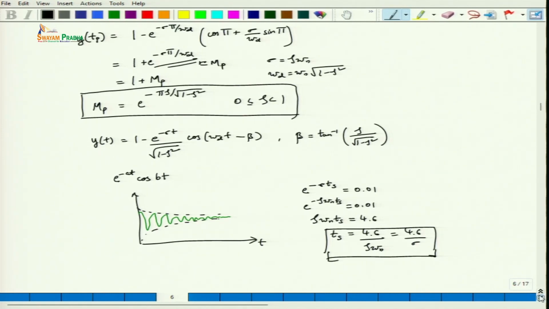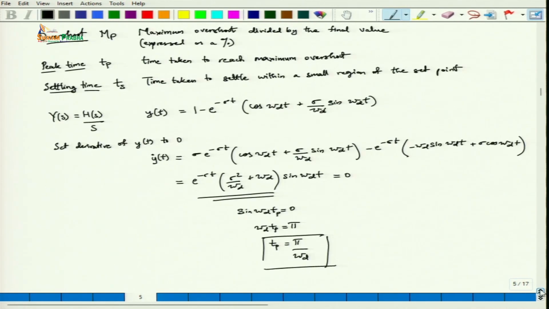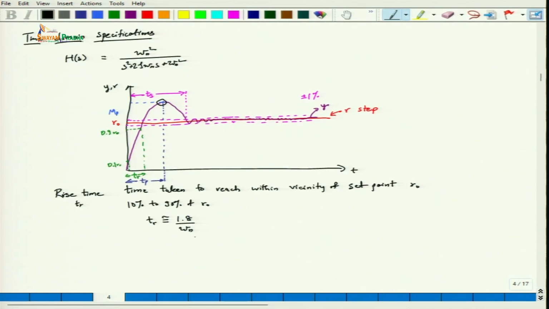So, now we have found the expressions for the overshoot, peak time and Ts, and we have the expression for the rise time which we have approximated. So far we have seen the time domain specifications and the expressions. How can we use these to design controllers is what we are going to understand next.